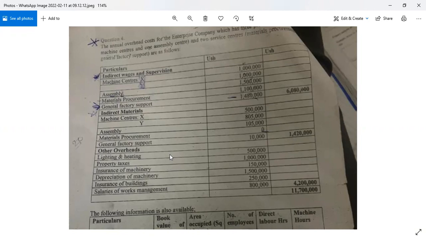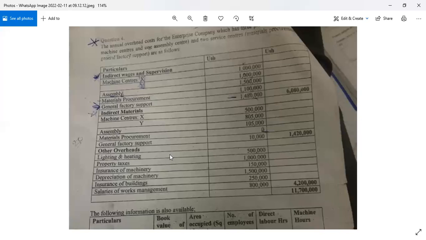Usually when they ask you to compute for either ABC or the traditional method, and you have more than 2 or 3 cost centers, always draw your schedule. With the schedule, always have your overhead details, then have the basis if it is ABC. If it's traditional, you don't have to have that column. Then have the column for totals, and then the column for the different cost centers.